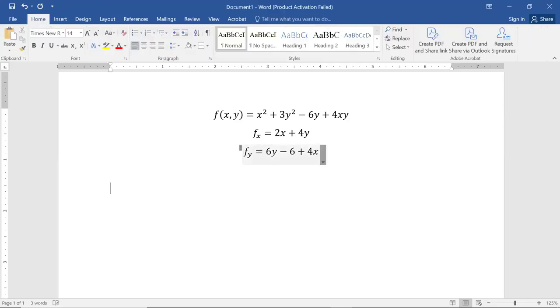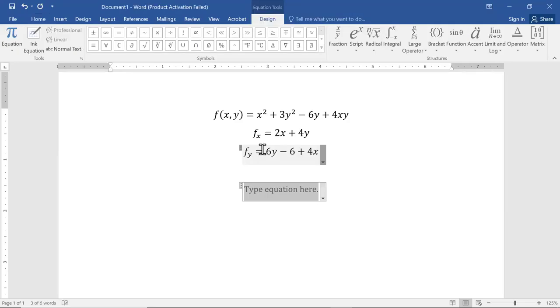Now, that's going to give me a set of equations, 2x plus 4y equals 0. Again, both of these have to be 0 at the same time to get critical points. There's no way they're going to be undefined. No matter what point you plug in, the function is going to be fine. You can get a value out.